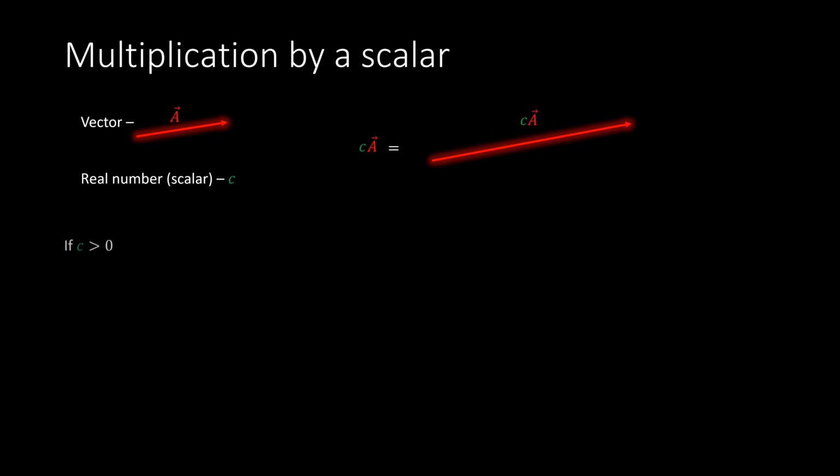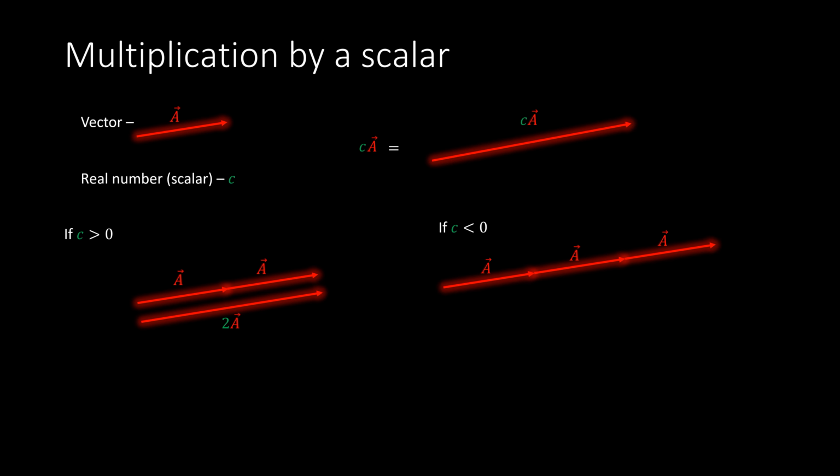Now, if C is greater than 0, then the direction of vector CA is the same as the direction of A. If the number C is less than 0, then the direction of vector CA is opposite of A. Here we see that the number C is minus 3.